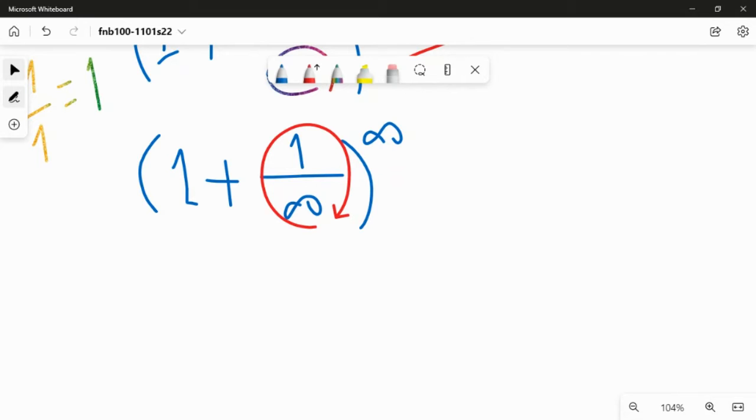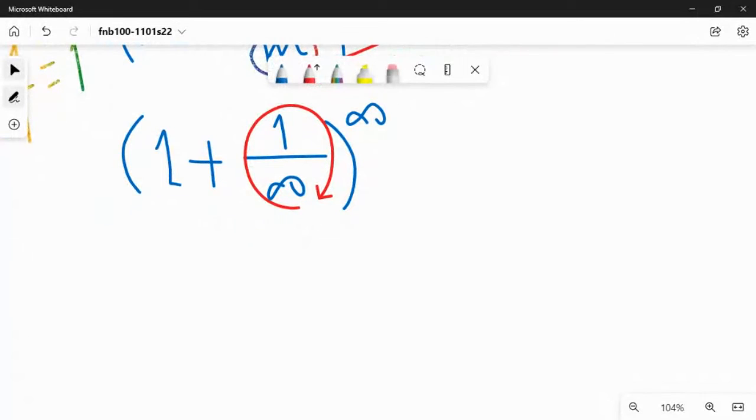Divide 1 by 1 billion, it becomes 0.000000001. The zero? Yeah, you're close, but it's not going to be exactly 0, but close to 0. It will be almost equal to 0, but not exactly 0. It's called asymptotically 0. It will approach 0, but never be 0.